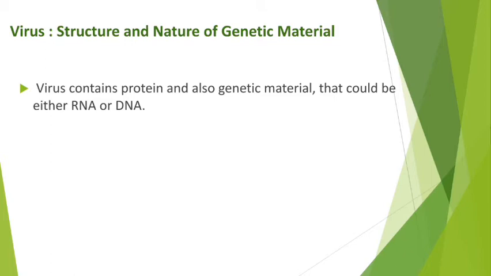Then what is there in a virus? Virus contains protein, and also genetic material that could be either RNA or DNA. Ultimately, a virus is made up of protein and genetic material.